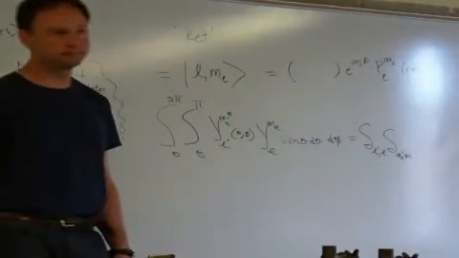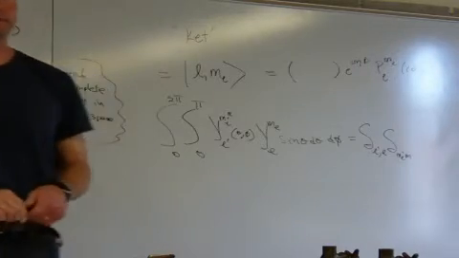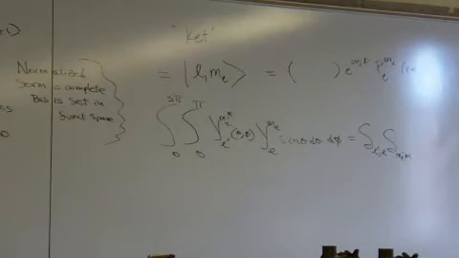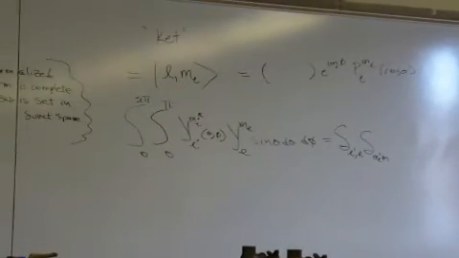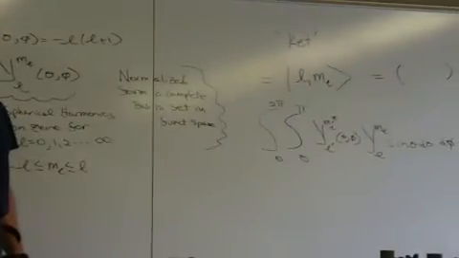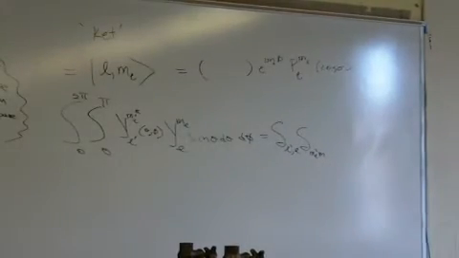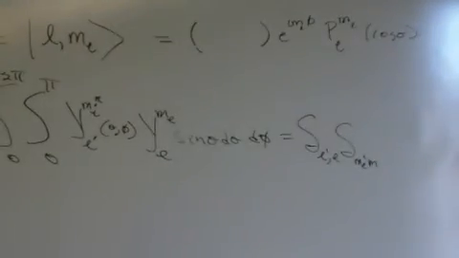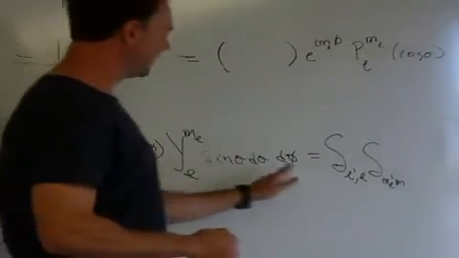Which is a statement, backing all the way up, that this is a normalized and complete basis set in function space. All right? So what we're eventually going to graduate to is instead of writing down this nasty integral.